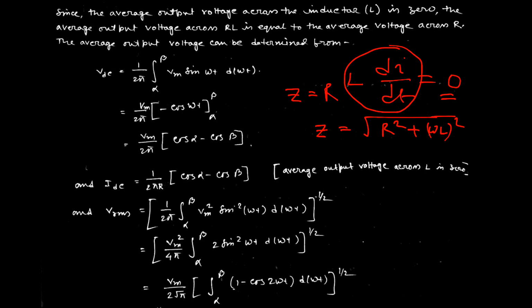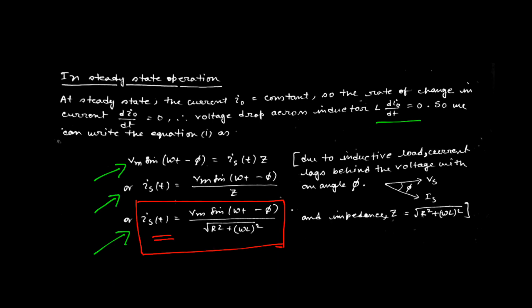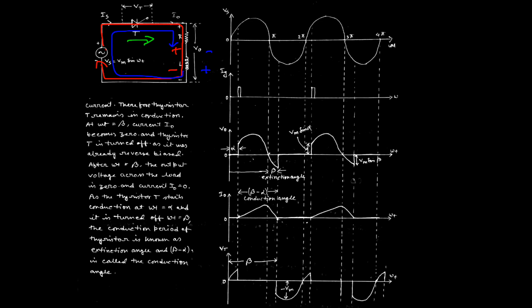So the average output voltage, defined as V DC, is equal to the number of peaks per complete cycle times the integration over the confined region of the voltage expression d omega t, as I discussed in my previous class. So go to the waveform first. To calculate the average value, count the number of peaks in a complete cycle.